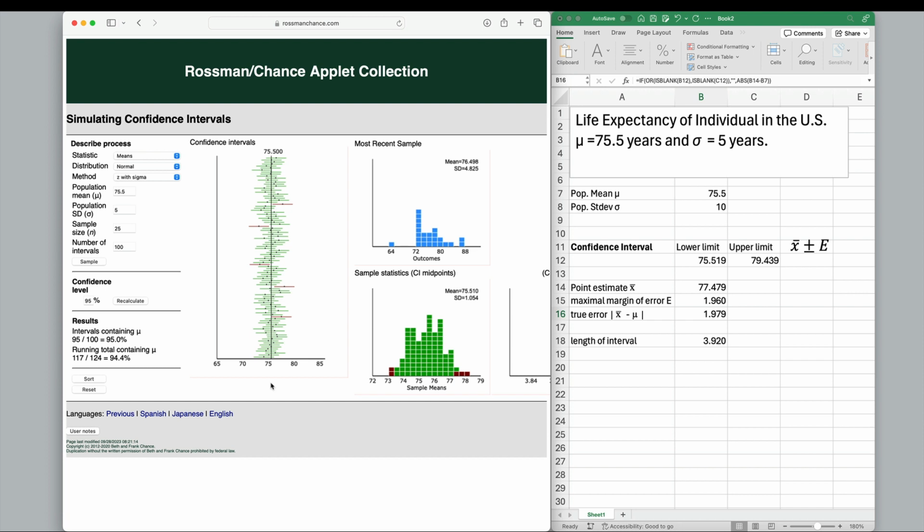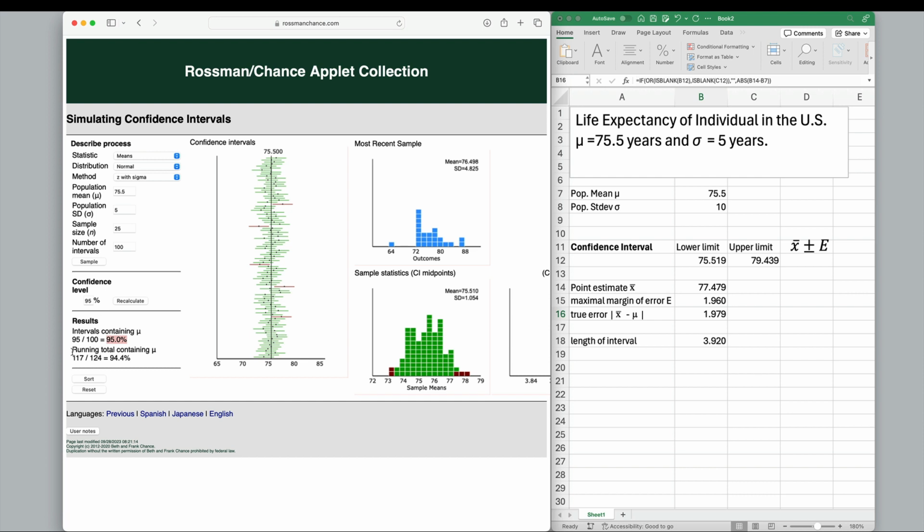And what does this have to do with confidence level? Well, we did this 100 times, and if you look over here at the results, 95 out of the 100 sample means we generated, which is 95%, is the confidence level. So when you do this procedure many times, that confidence level, 95%, means 95% of the confidence intervals will capture the true mean using this procedure.